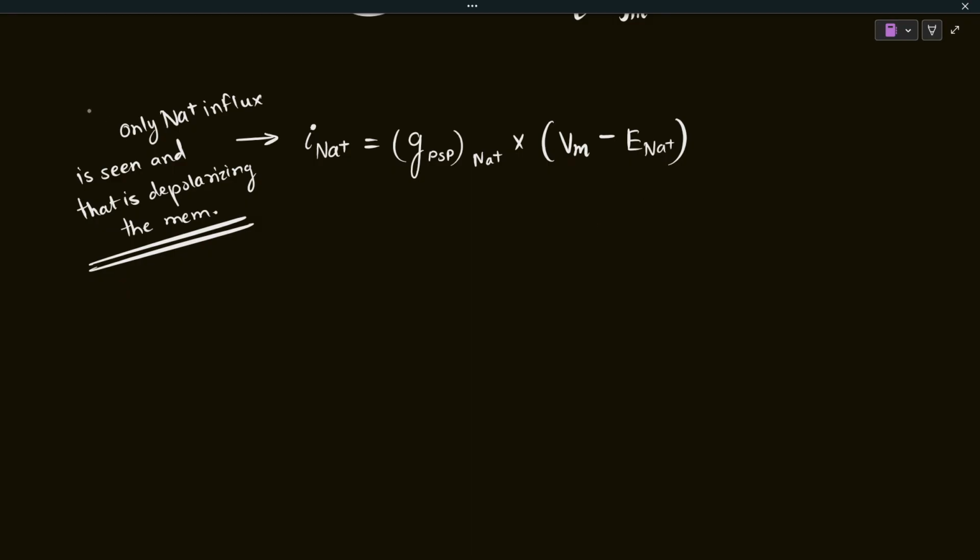If this is the hypothetical case when only sodium ions are moving, then the current generation will be only the sodium ion current. Sodium ion current will be equal to the conductance of the membrane for sodium ions times the membrane potential minus the equilibrium potential of sodium ions.